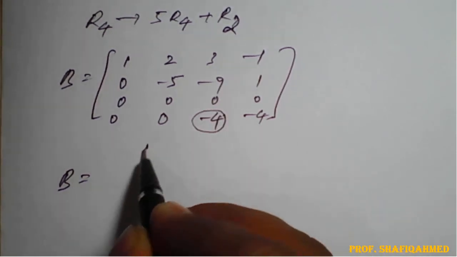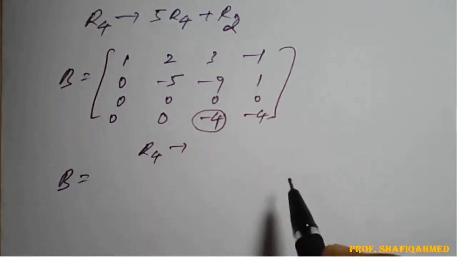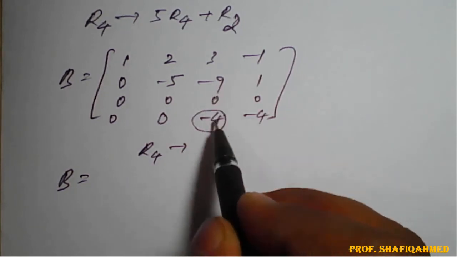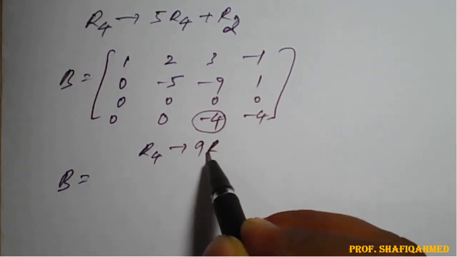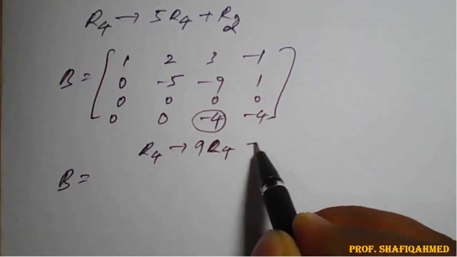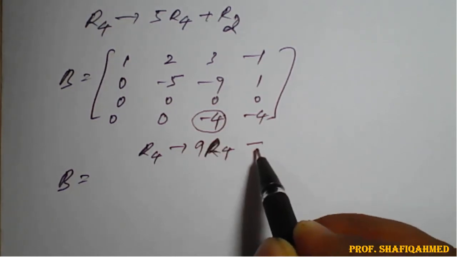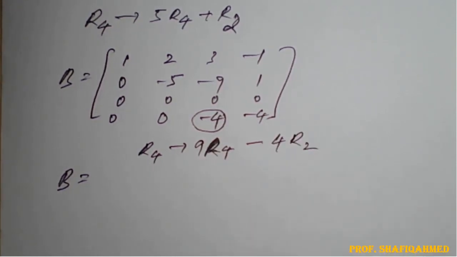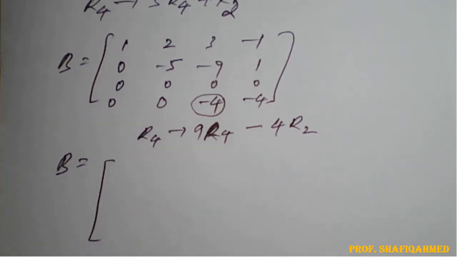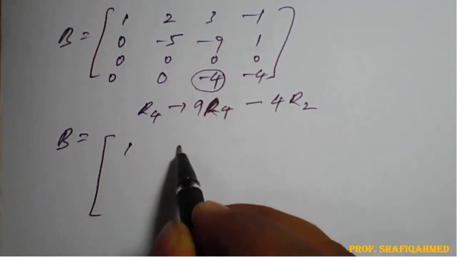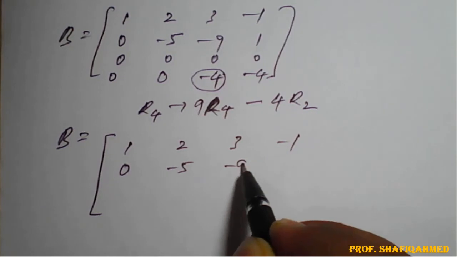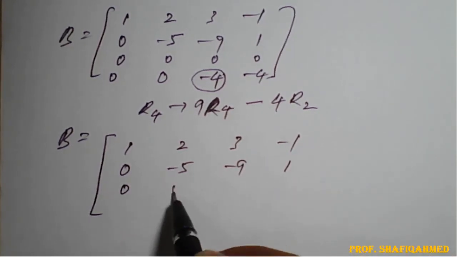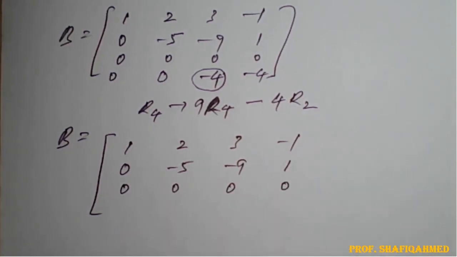I will write on R4, we cross multiply the same elements: 9 times R4 minus 4 times R2. If you operate, the resultant will be 1, 2, 3, minus 1, 0, minus 5, minus 9, 1 as it is.